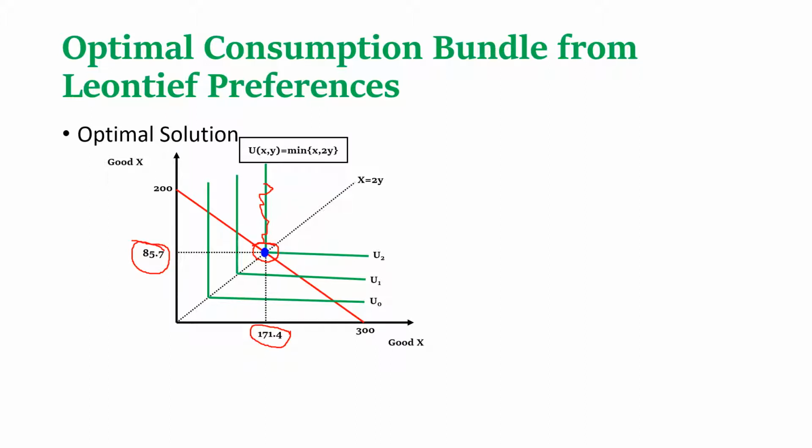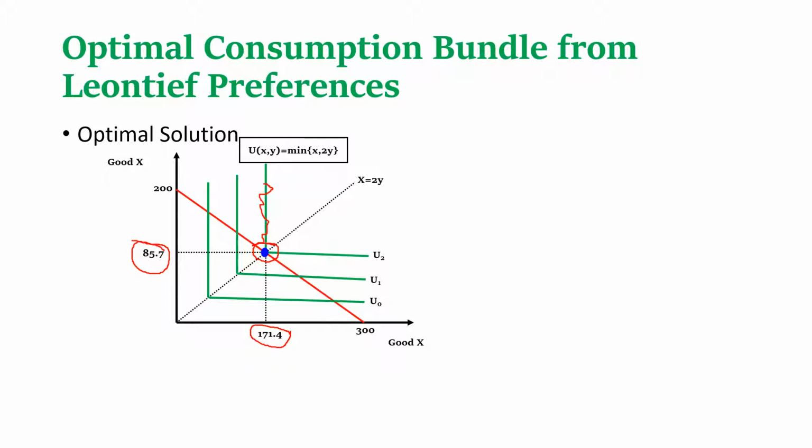So the consumer consumes two commodities, X and Y, but the amount of X that it consumes is 2 times the amount of Y consumed.